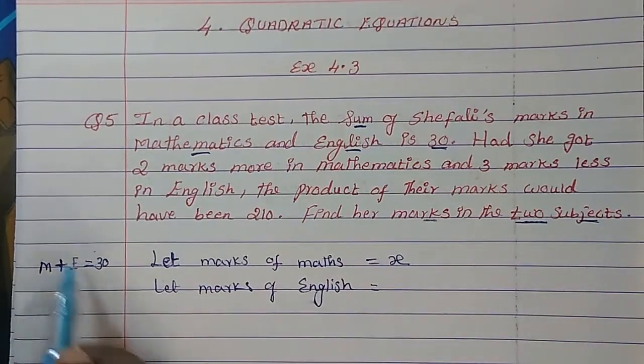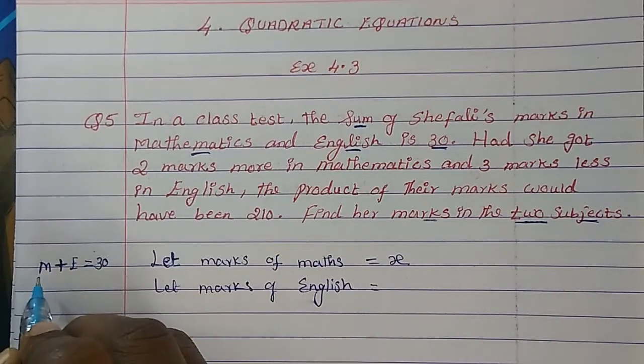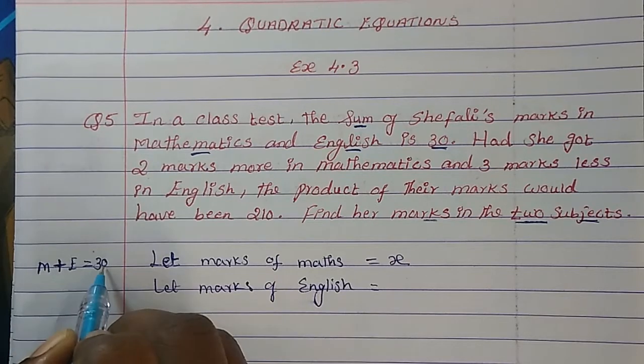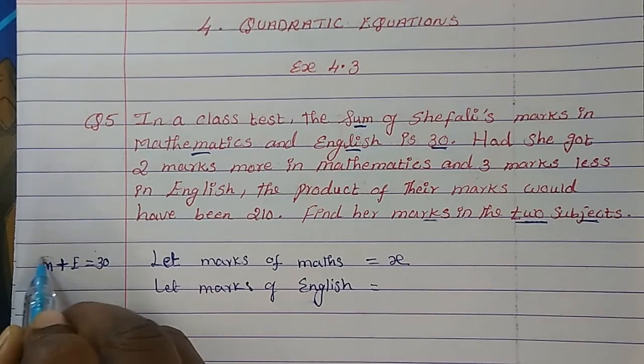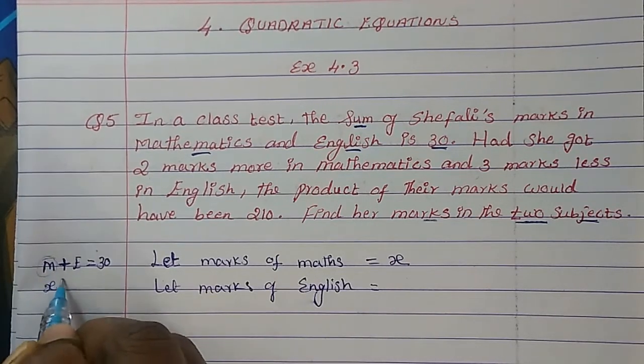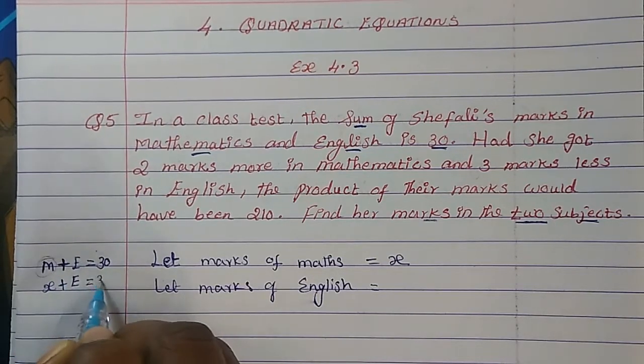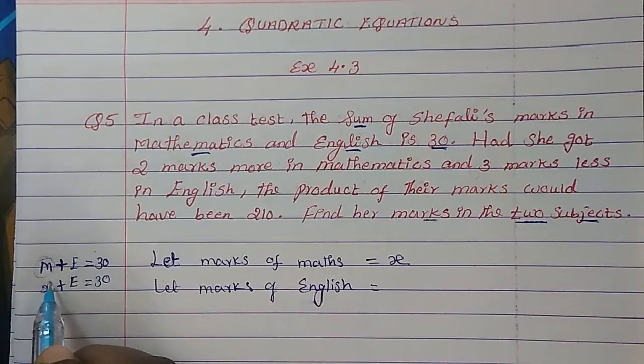Now I don't know what the marks of maths are. Together it is 30. So in case I keep maths as x, then the remaining marks is English.